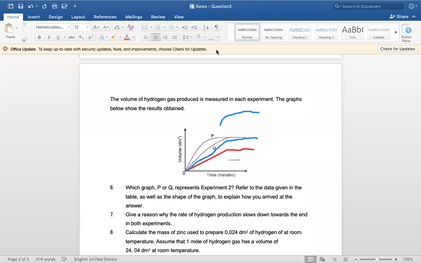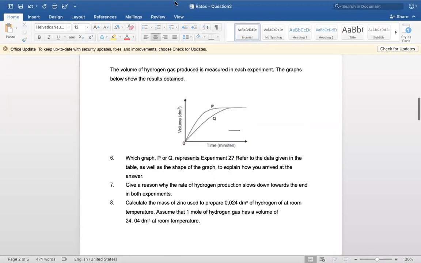Because you have the same reactants, you can't get a graph that's higher up or lower down. It must end at the same time, all right? Just remember that. You can't have graphs looking like that over each other. They must all end at the same time. Remember that. Okay, we will stop there with this question now.